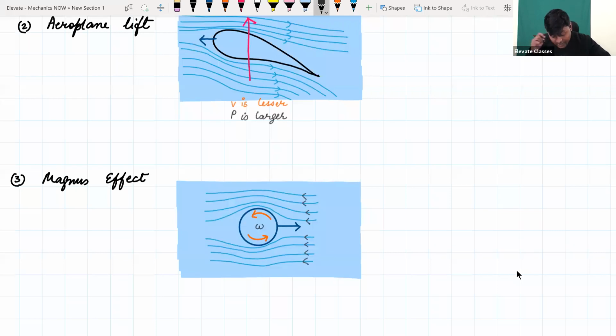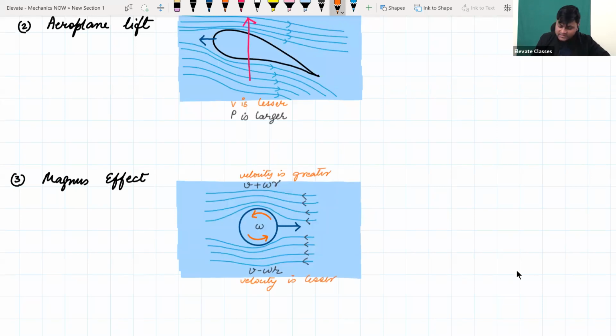Okay, so the effective velocity of the streamlines in the upward region becomes v plus omega r. Okay, and the effective velocity of the streamlines in the lower region, because the ball is going like this, streamlines are going like this, the velocities are in opposite directions, so this becomes v minus omega r. So essentially there is a change in velocity. So यहाँ पे क्या होगा, velocity is greater. Okay, और यहाँ पे क्या होगा, velocity is lesser.